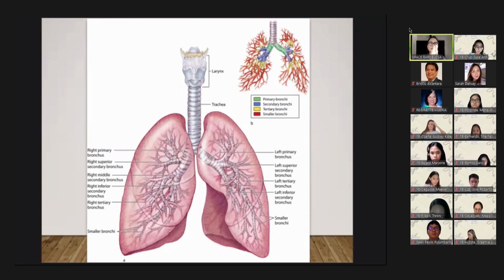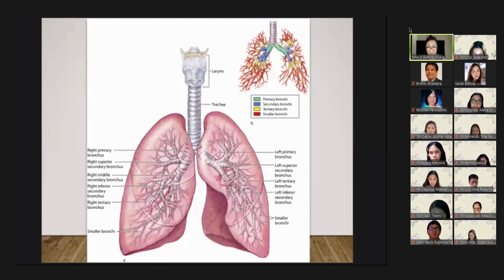Okay. So we started with the trachea. It will divide into the primary bronchi, the left and the right. But as you can see from this picture, we will refer to the secondary, then the tertiary bronchi and the smaller bronchi as intrapulmonary bronchi.